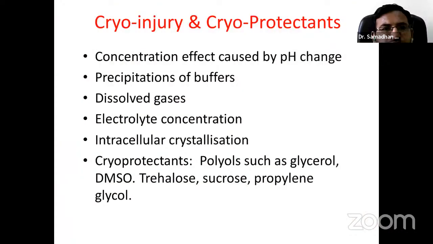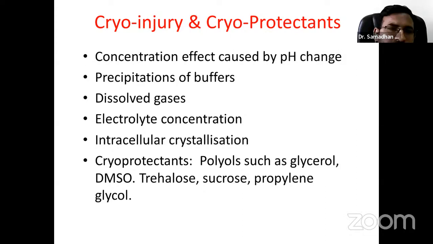Then cryo injuries are there, and to cope with this, you have to use cryoprotectants. Concentration effect caused by pH change, precipitation of buffers, dissolved gases, electrolyte concentration, and intracellular crystallization are some problems which cause cryo injury.